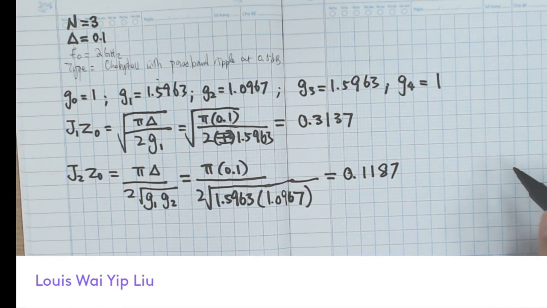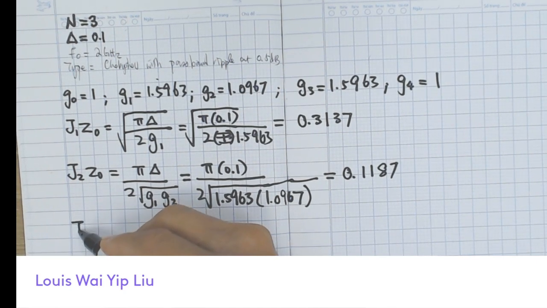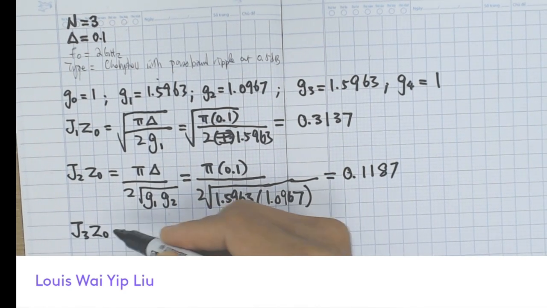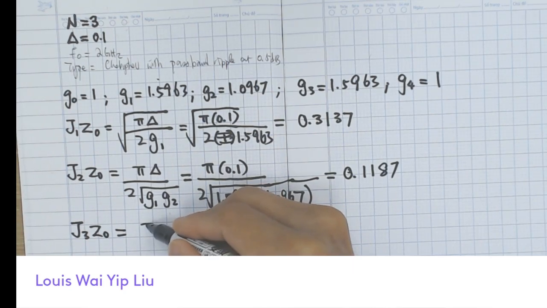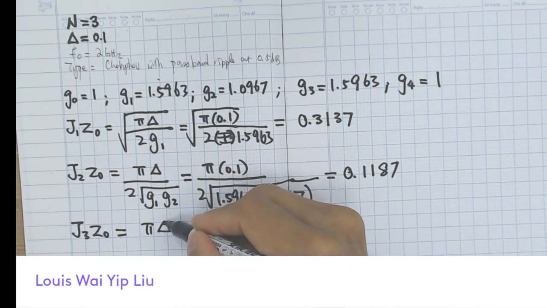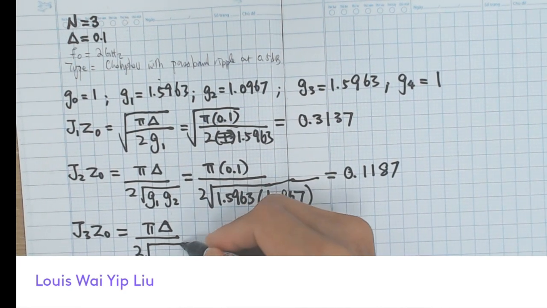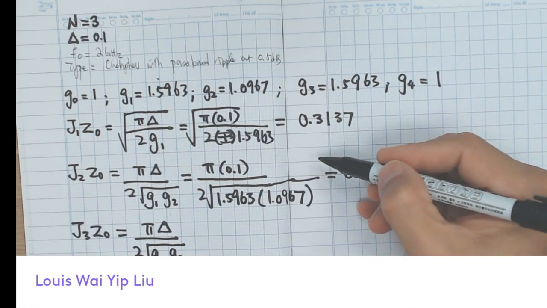And we should continue with this process for all stages. So stage 3 have this inversion in impedance, and we should do this. The formula should be similar to what we have for stage 2, and this will be stage 3.